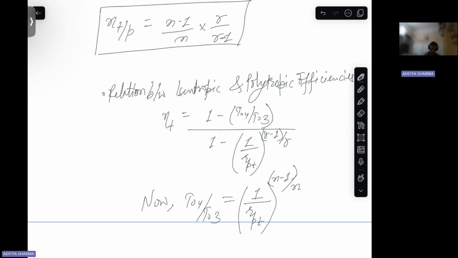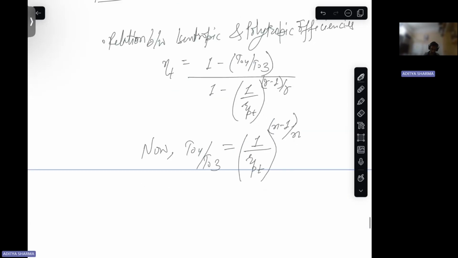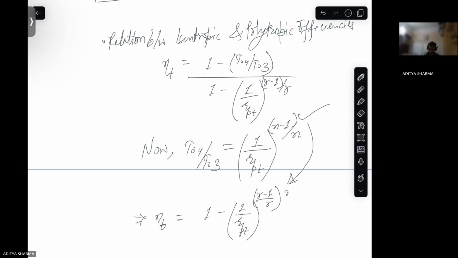Now placing this in NT, we get the relation in terms of NTP.